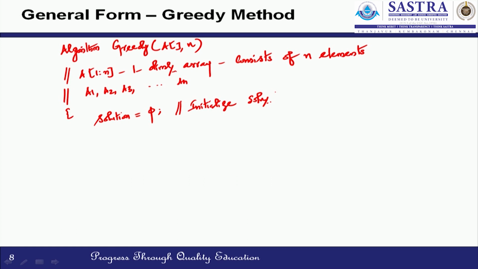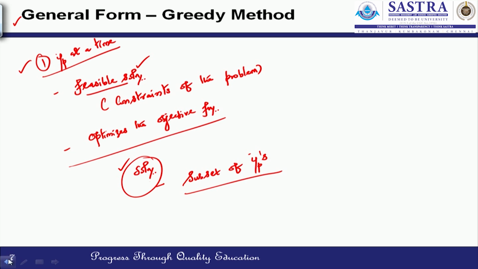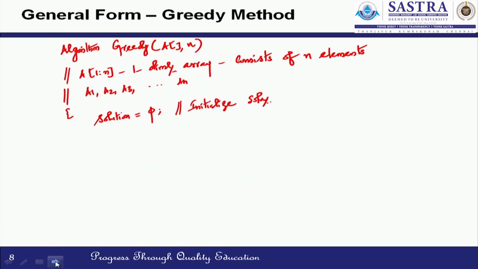There is no element in it, just an empty set. Since greedy works in terms of stages, one input is considered at a time. We have n inputs. Those n inputs can be processed entirely. So writing for loop: for i equal to 1 to n do.